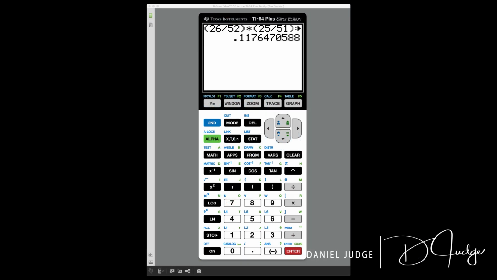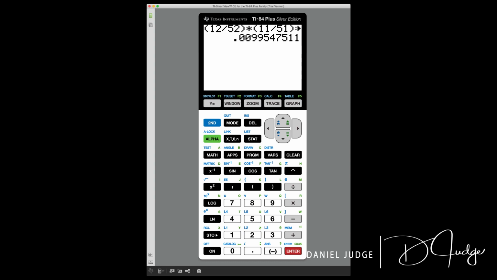We got to put this in the calculator again, right? So 12 divided by 52 times 11 divided by 51 times 10 divided by 50.